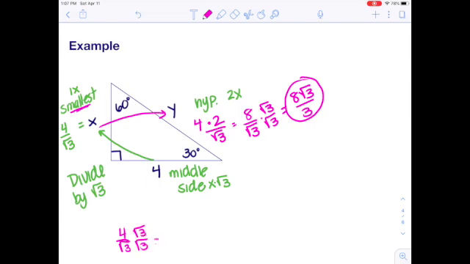Multiply numerator and denominator by rad 3, so you get 4 rad 3 over 3. For that side, we've got our 4 down our middle side and our hypotenuse of 8 rad 3 over 3.